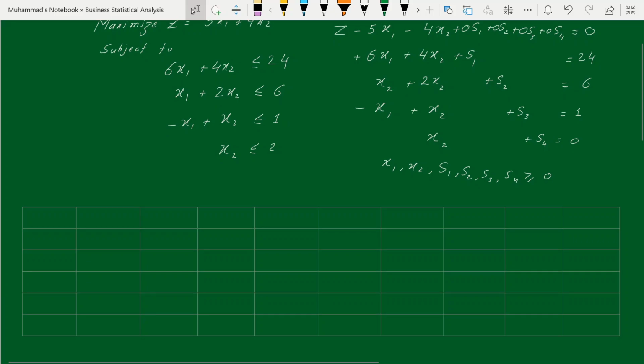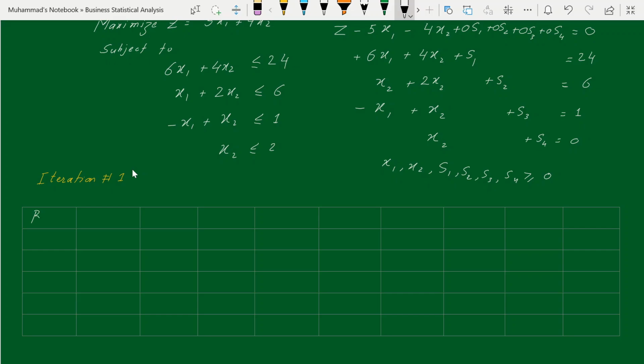I just name it iteration number one. First of all, we need to write down some data in the table. We'll write down the coefficients from the standard form into a table.